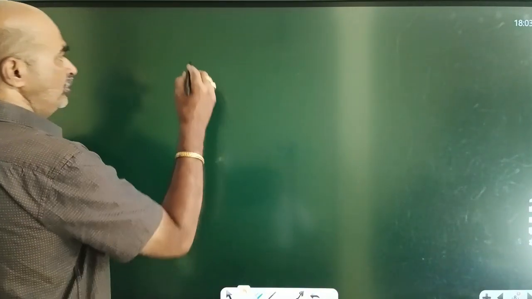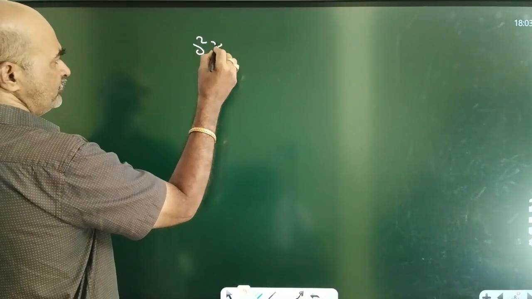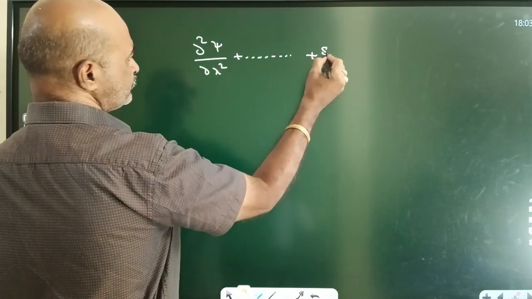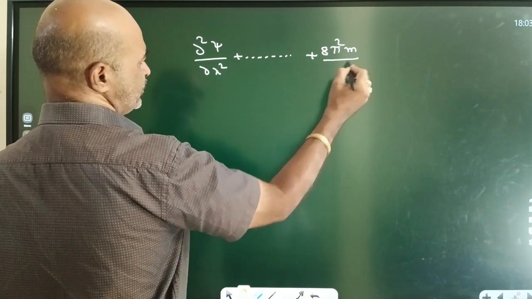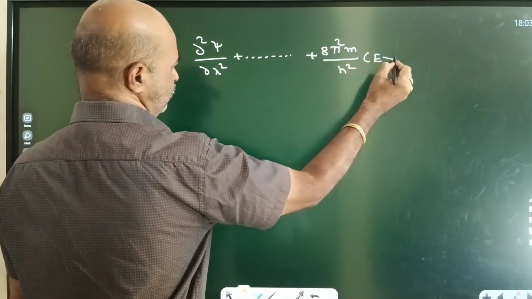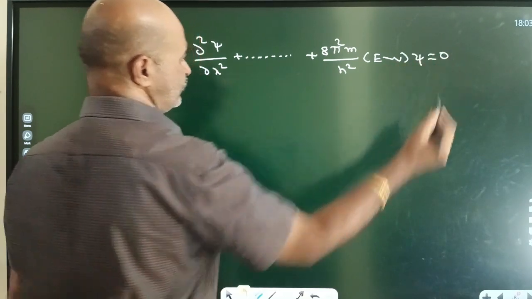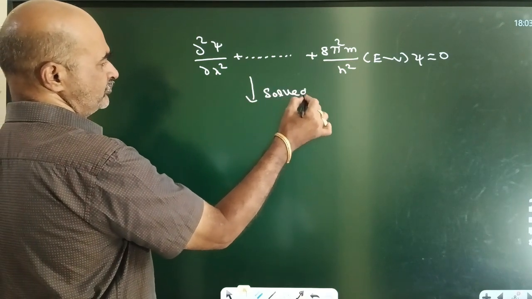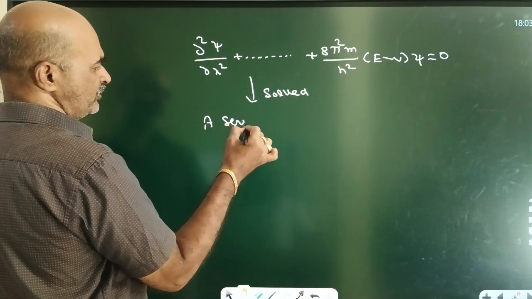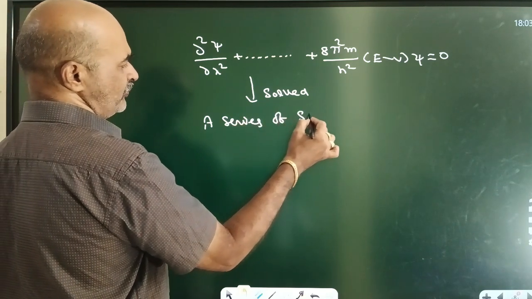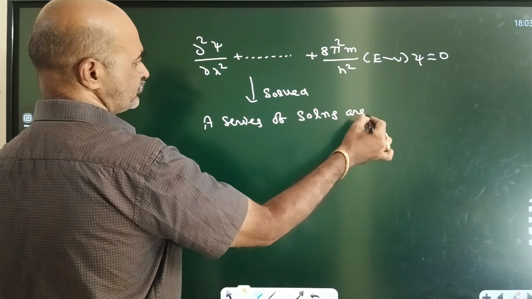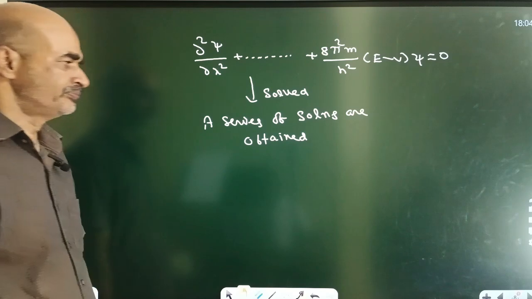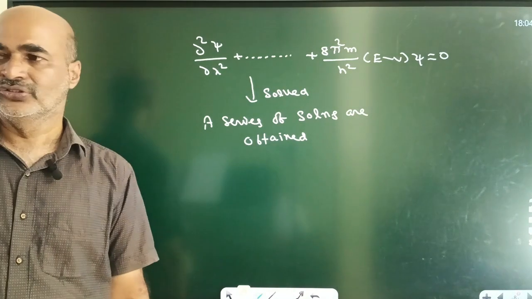So, when the wave equation, del squared psi plus 8 pi square m divided by h square times (E minus V) psi is equal to 0, is solved, a series of solutions are obtained.